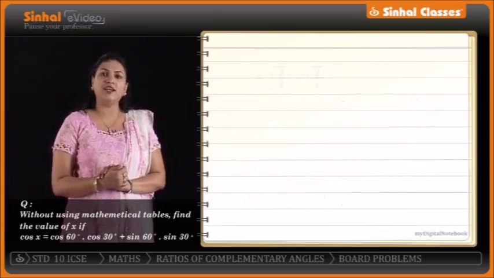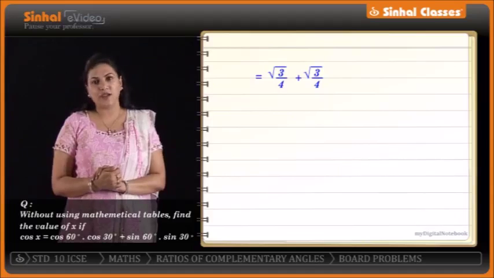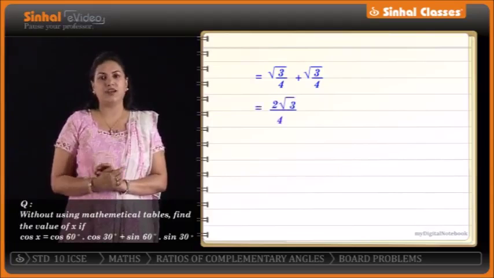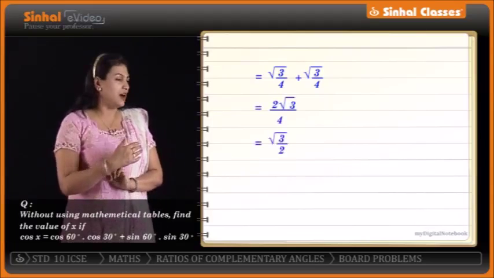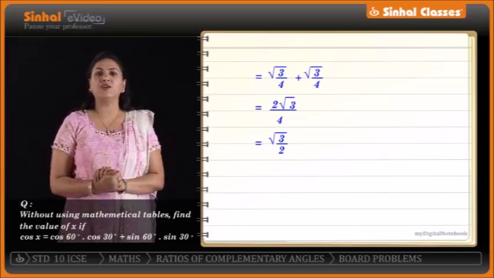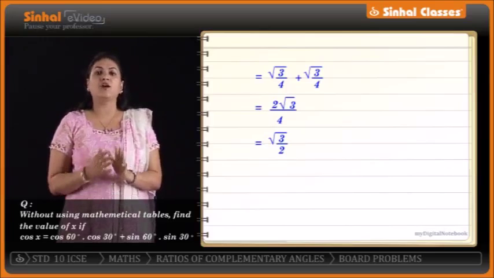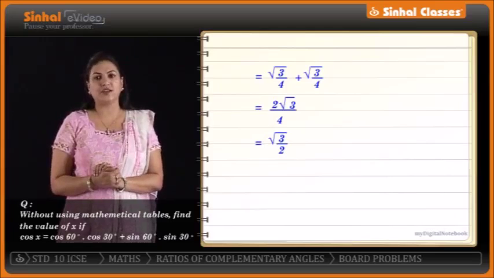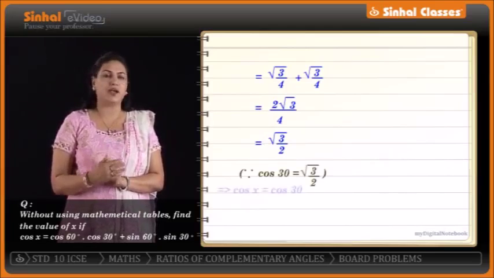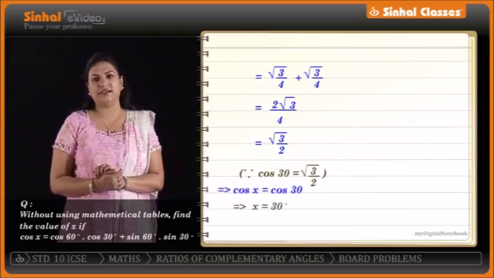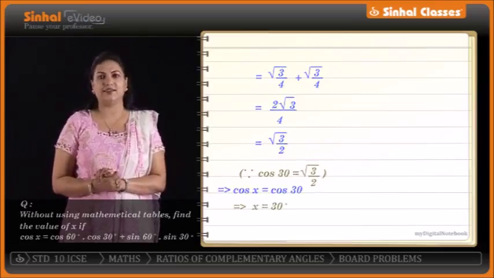Simplify this as root 3 by 4 plus root 3 by 4. That gives us 2 root 3 upon 4, that is root 3 upon 2. Now we have cos x is root 3 upon 2. Cos of what angle is root 3 by 2? We know cos 30 is root 3 by 2. So x is equal to 30 degrees. So we have got the value of x as 30 degrees.